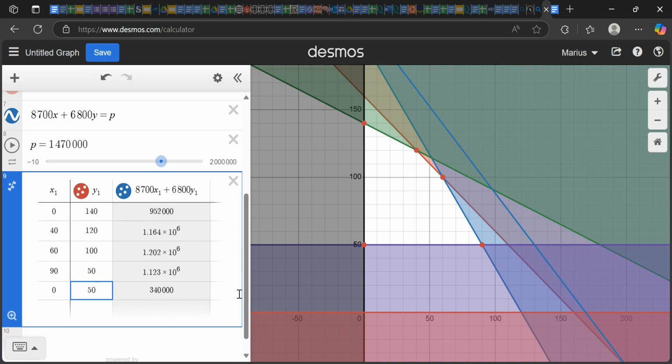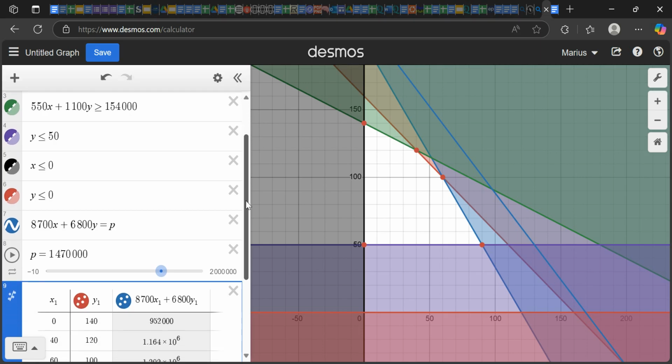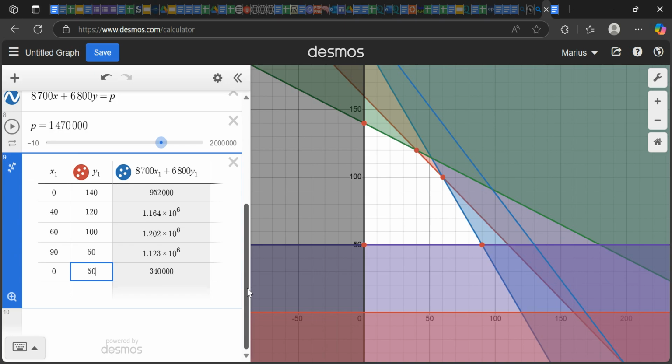So which one looks to have the biggest profit? Huh? 6, 100. Yes. So we can go back and take a picture of everything we've got here. So first of all, we have the inequations, but we don't have this.